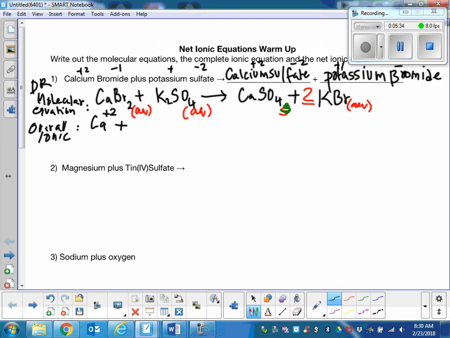And now how many bromide ions? You need to put the 2 in front. You cannot write Br2. Br2 is a gas. If you write this as Br2-, I'm like, it's already neutral as a gas. How the heck did it gain an additional electron? How is it an aqueous substance?